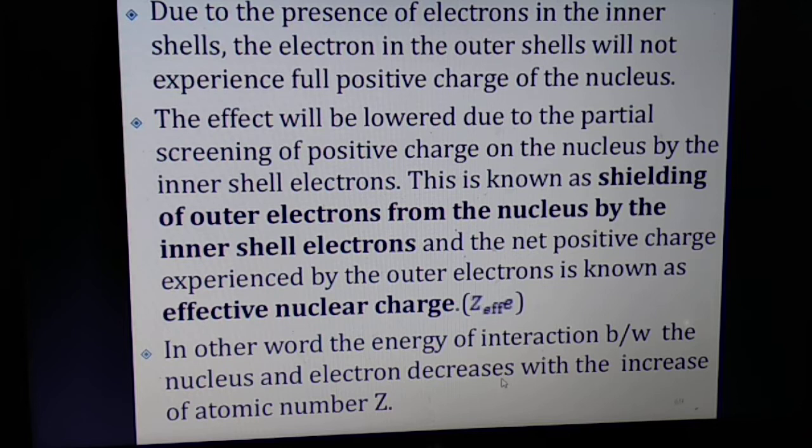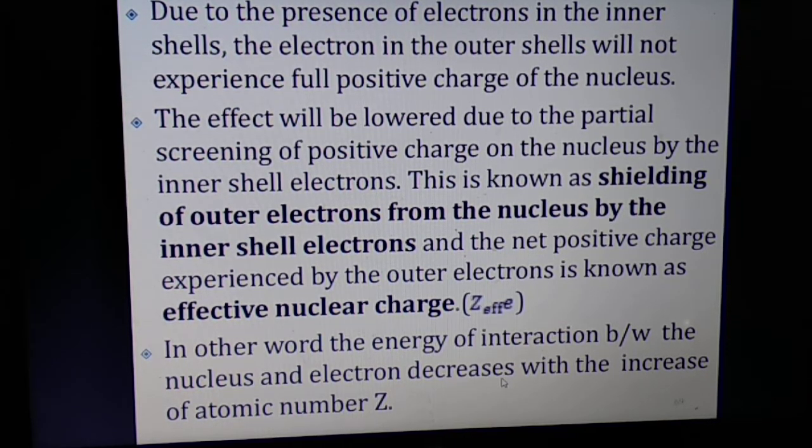And students, you know that in the periodic table the size of the element decreases from left to right due to the increased nuclear charge and the decreased shielding effect. The net positive charge experienced by the outer electrons is known as the effective nuclear charge, that is Z effective. In other words, the energy of interaction between the nucleus and the electron decreases with increase of atomic number.